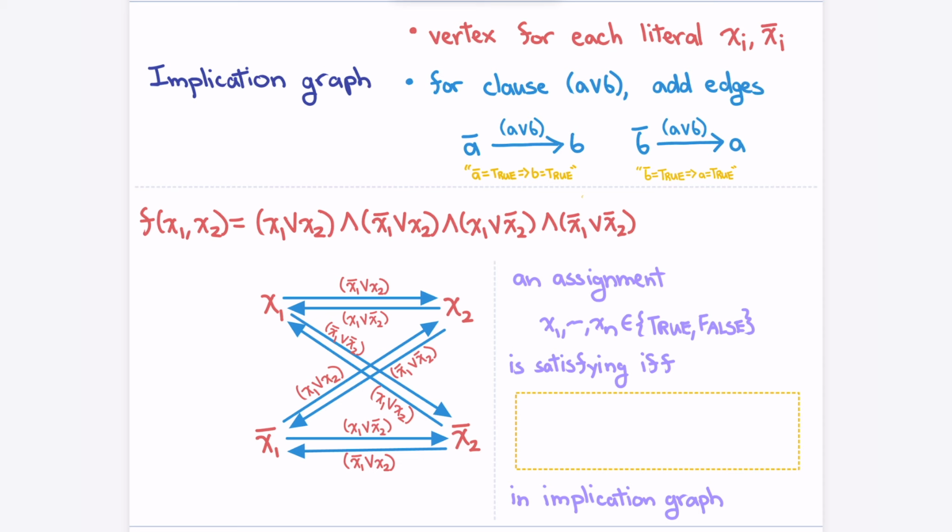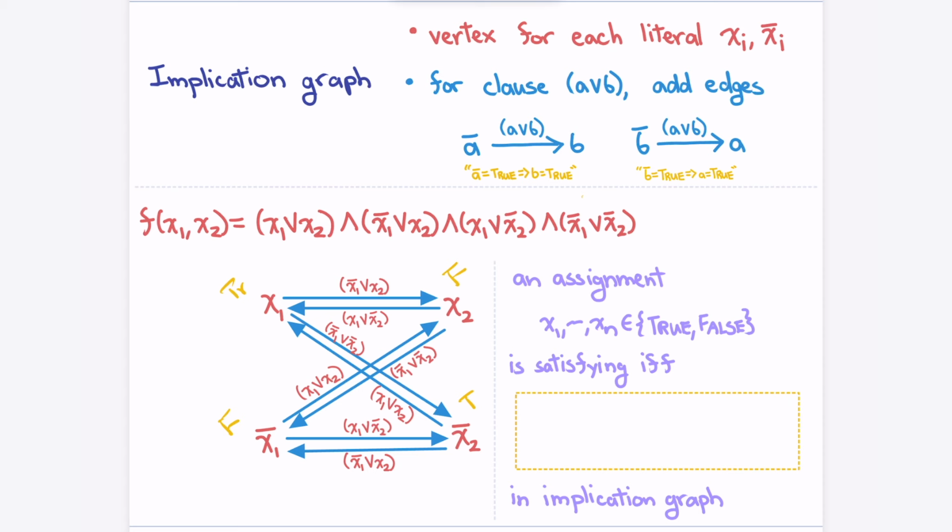So if I plugged in an assignment like true and false, that would force false and true or something. At some level, what should I look for in the implication graph? Fill in the blank: an assignment is satisfying if and only if blank in the implication graph.